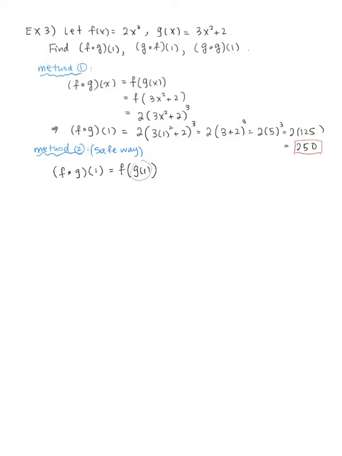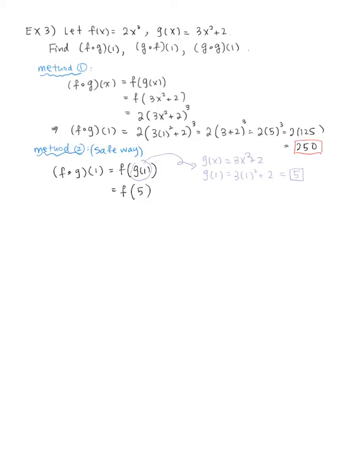I'm going to take this g of 1 and let's compute on the side. Our g of x is, again, 3x squared plus 2. So our g of 1 is going to be 3 times 1 squared plus 2, which is 5. So now, next step, this is going to equal f of, well, we just computed g of 1 is 5. So I'm going to replace the g of 1 with 5.